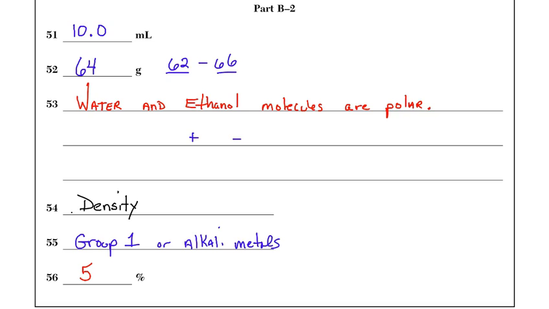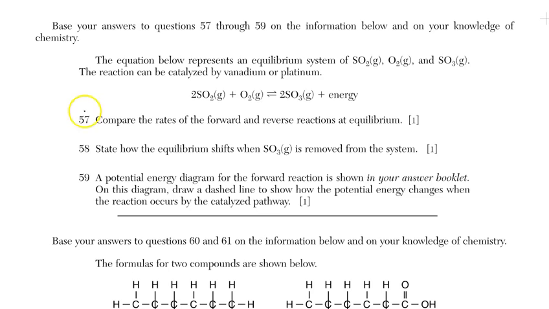Number 57. We've got a little blurb here, some information. Again, I like to go directly to the question. Many students get lost in the sauce with all this extra information. Go to the question, see what they want first. If you think you need something, go back. Compare the rates of the forward and reverse reactions at equilibrium.